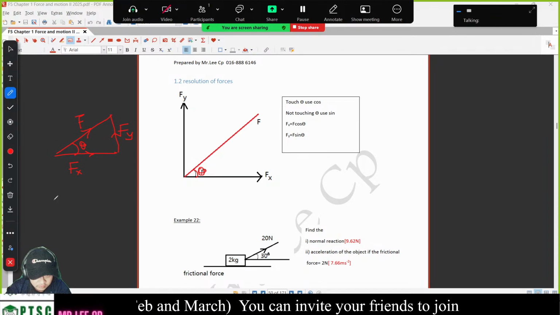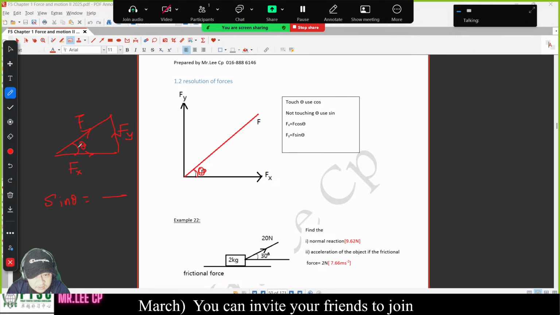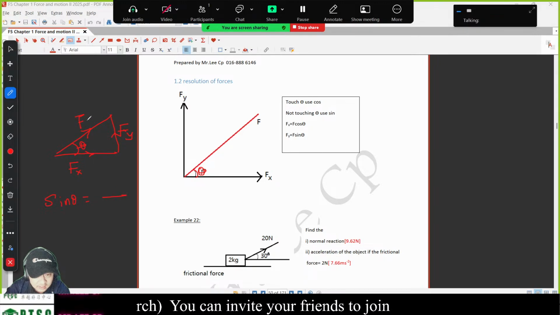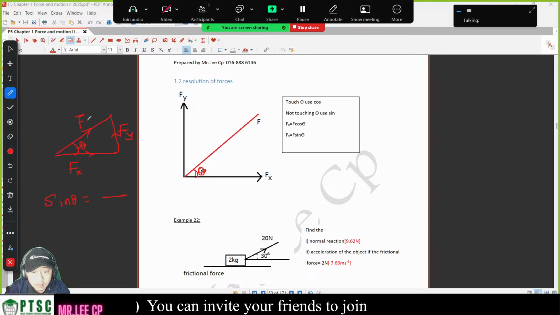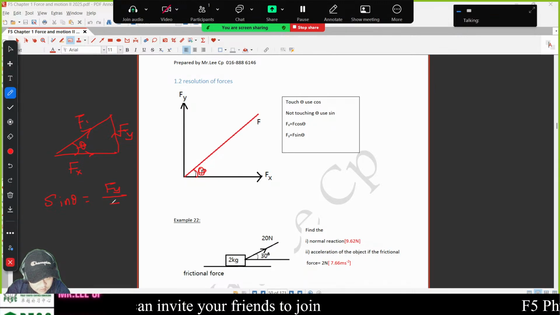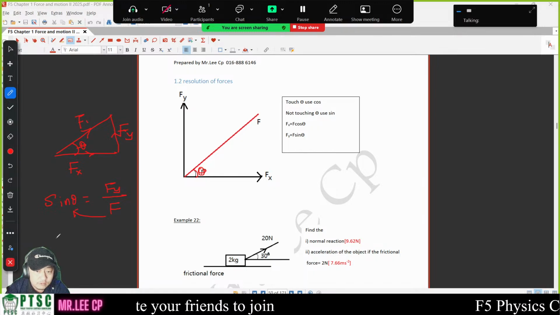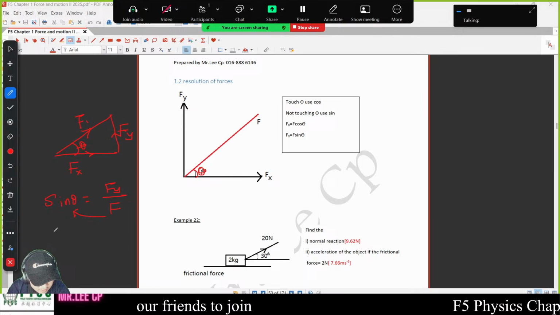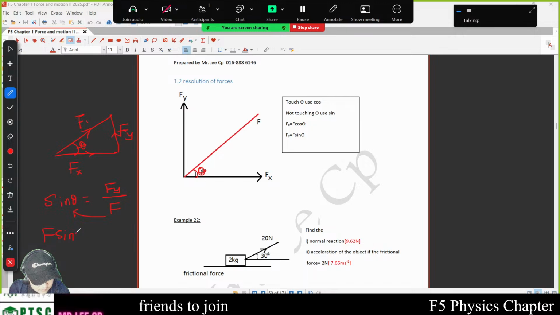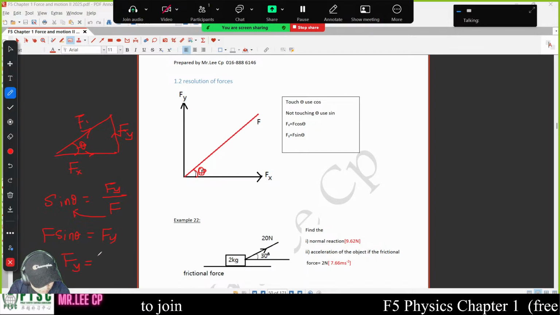Now if I use sine theta, we know sine theta is opposite over hypotenuse. So opposite, Fy, over hypotenuse, which is F. If I multiply it up, I have F sine theta. In other words, my Fy is equal to F sine theta.